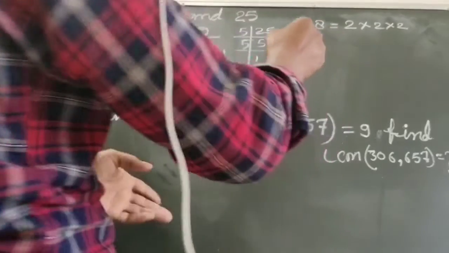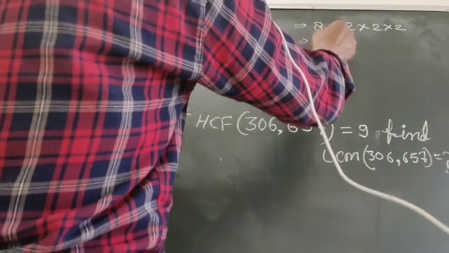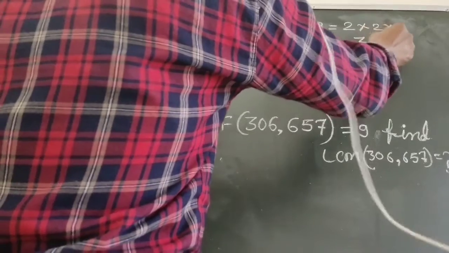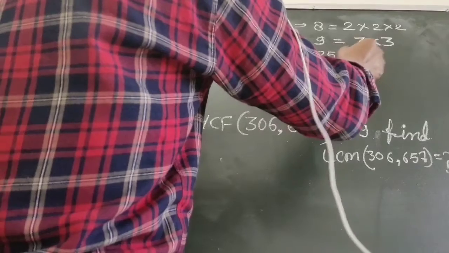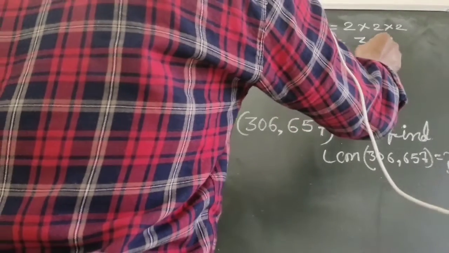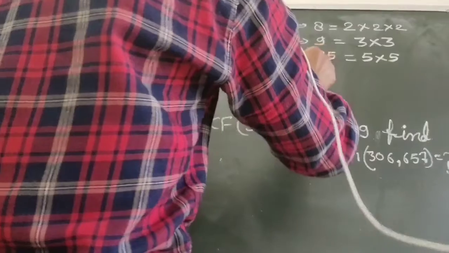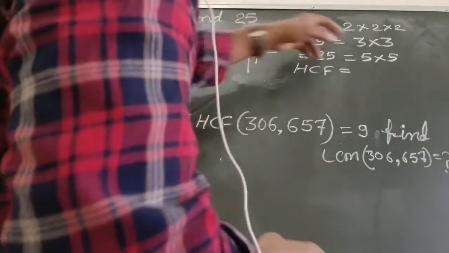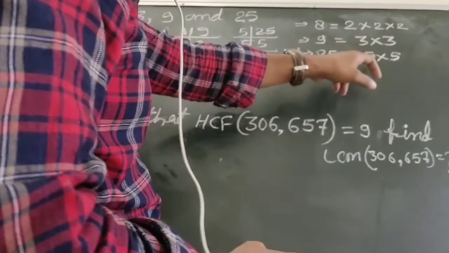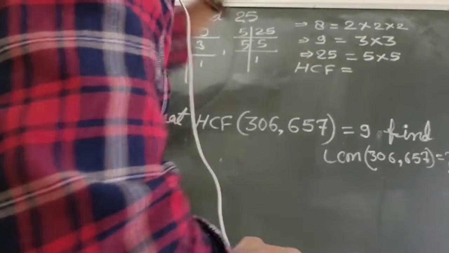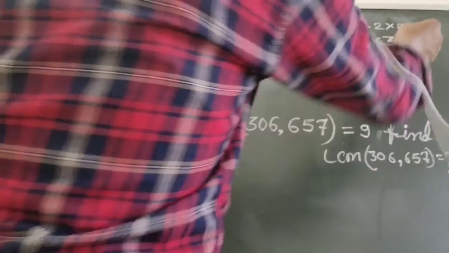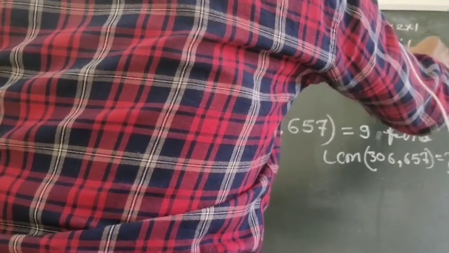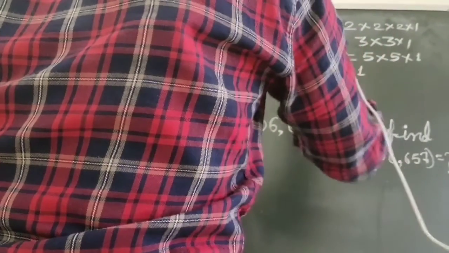Prime factor of 9 equals 3 into 3. Prime factor of 25 equals 5 into 5. Then HCF equals, what is common? 2 is here but not here, 3 not common, 5 also not common, so only 1 is common, so HCF is 1.